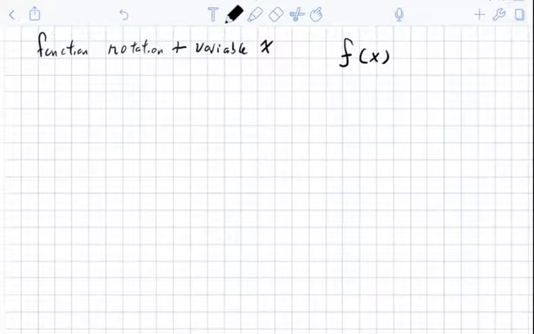Say, f of x equals 2x plus 1. The idea being that the name of the function, f, also identifies what the name of the variable is. In this case, the variable is x, and that's where it shows up.